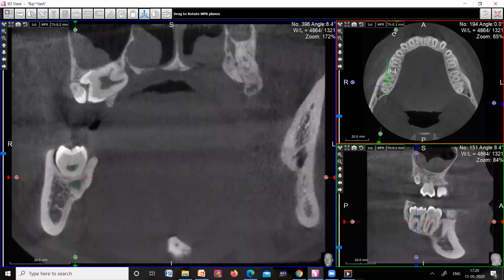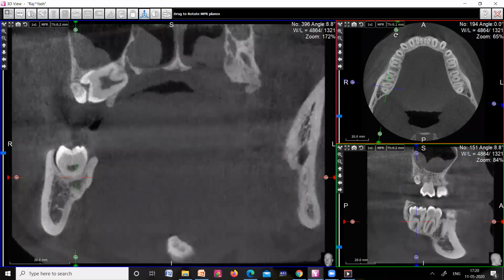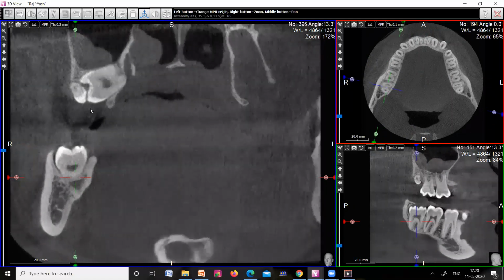Before we go, since we just discussed, I can show you one thing: you can see this maxillary impacted third molar. As I told you, there is one important vital structure over here. This you can see is the pterygopalatine space, and it contains the greater palatine vessels.